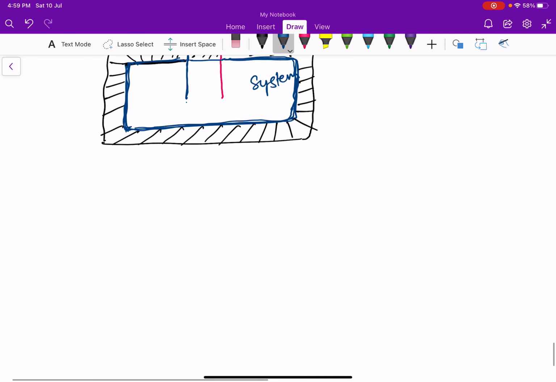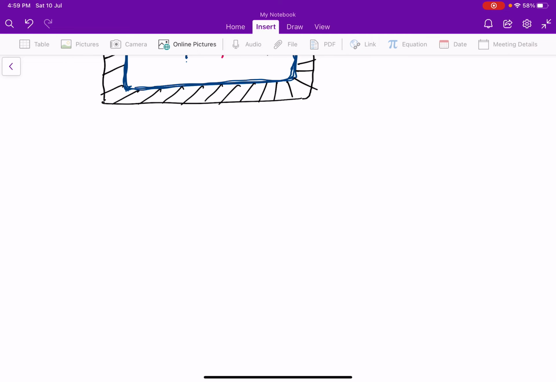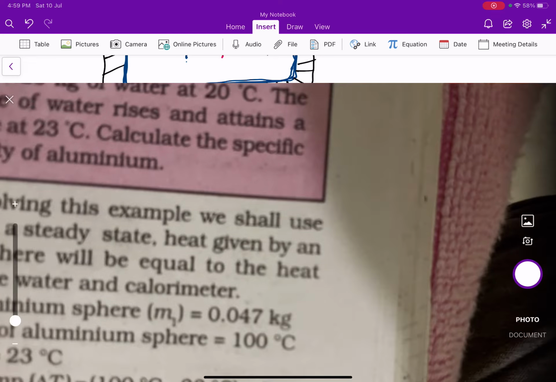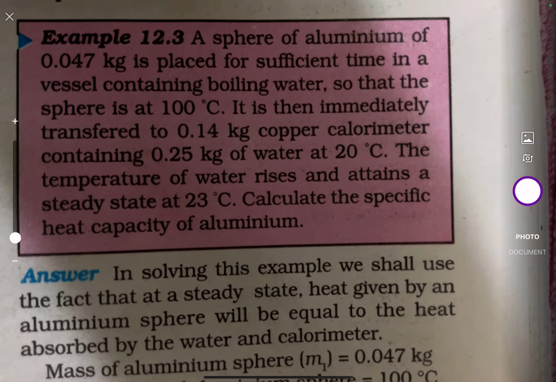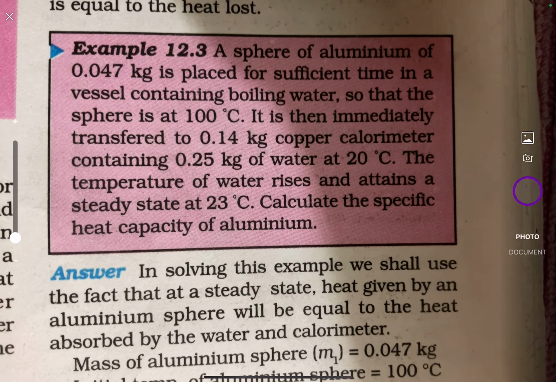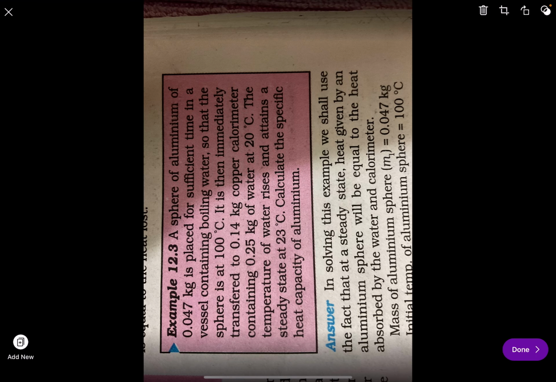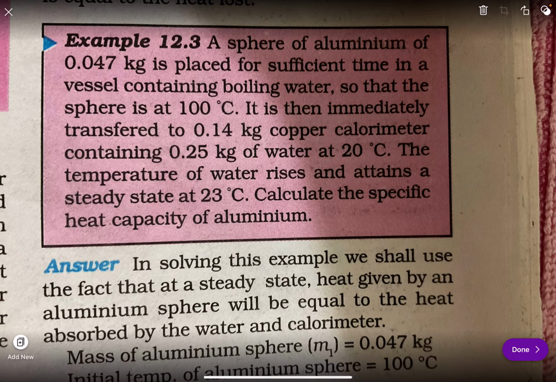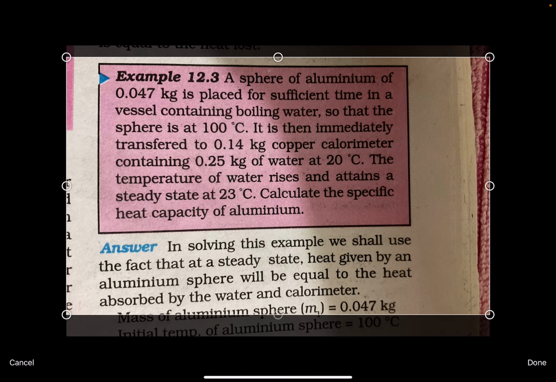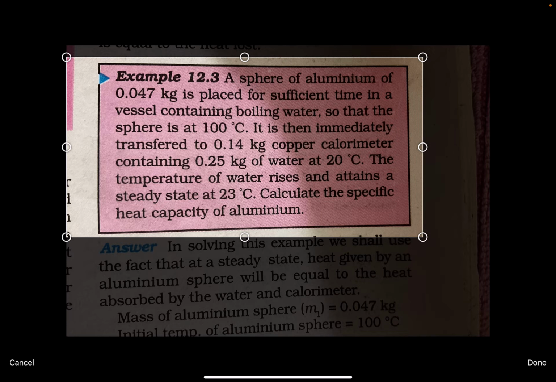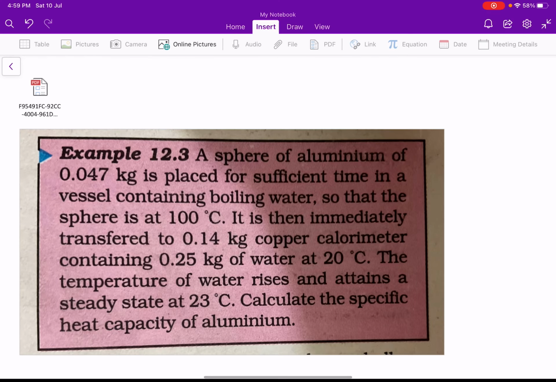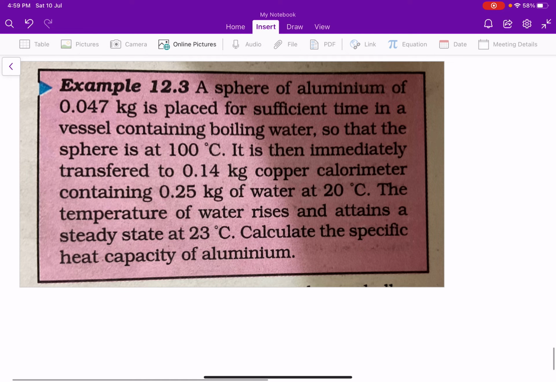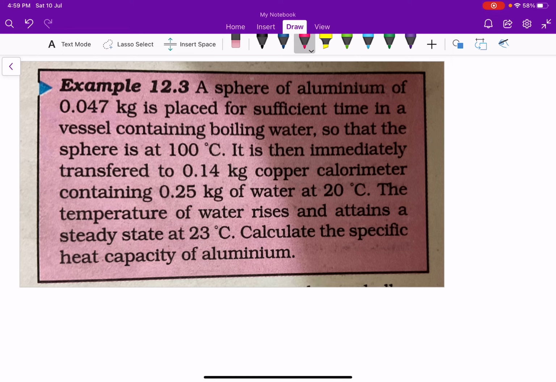So I am going to explain example number 12.3. By explaining this example, you will get a clear idea on calorimetry and the calorimeter, the principle of the calorimeter. Now I am noting down the given quantities.